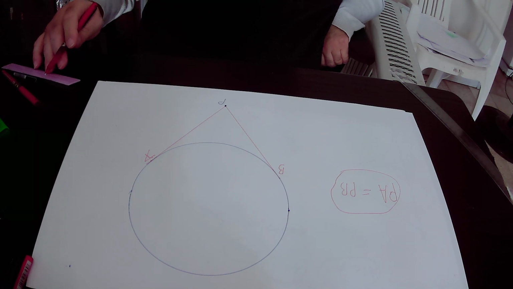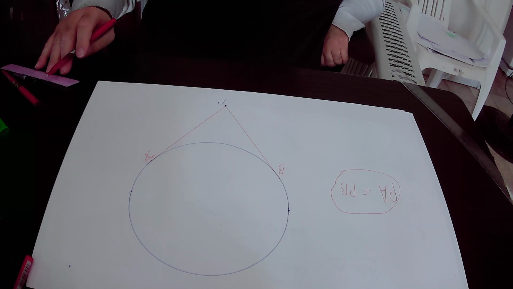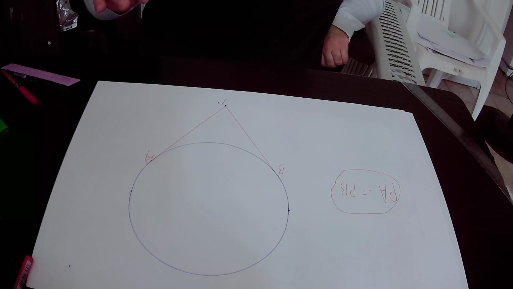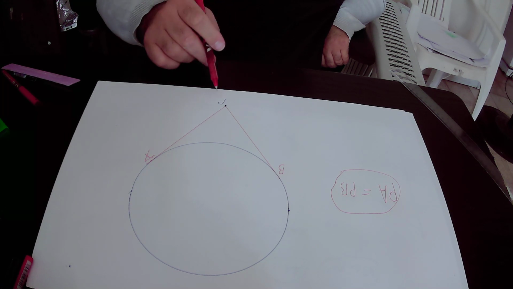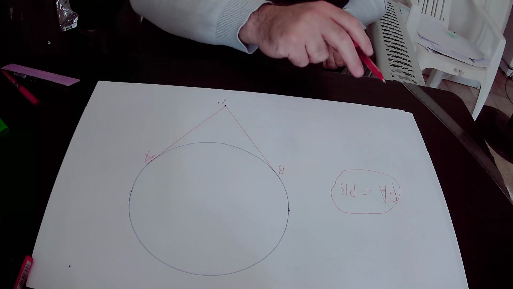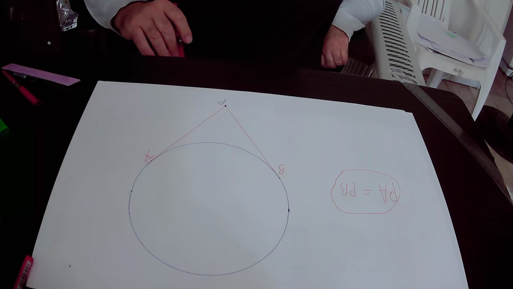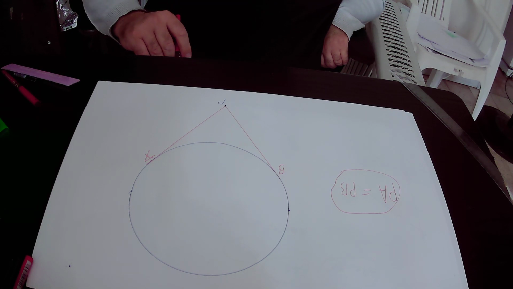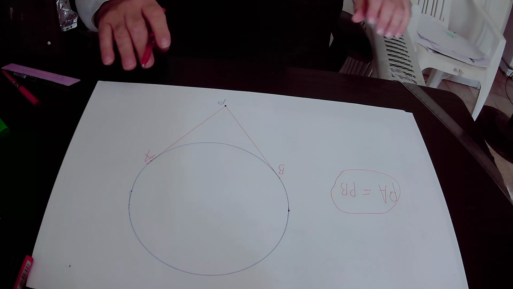So that is the meaning of rule number 1, or two tangents theorem.